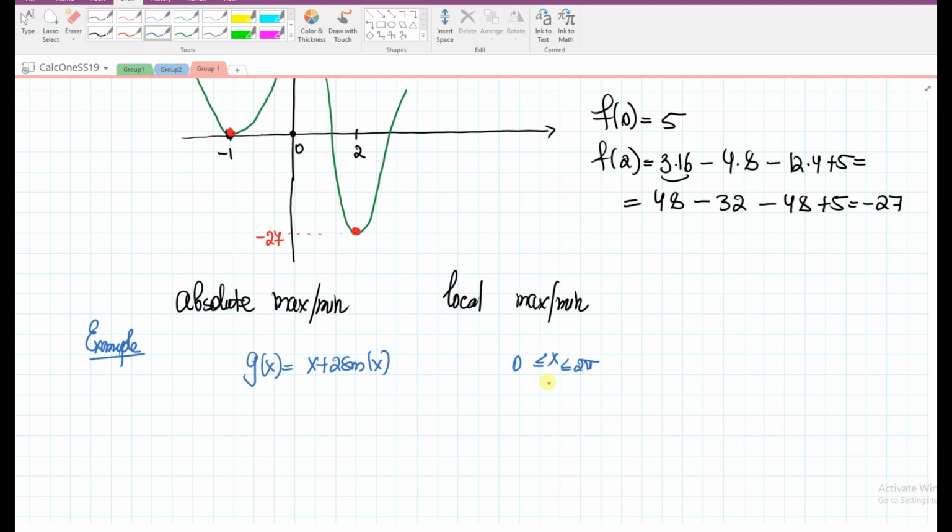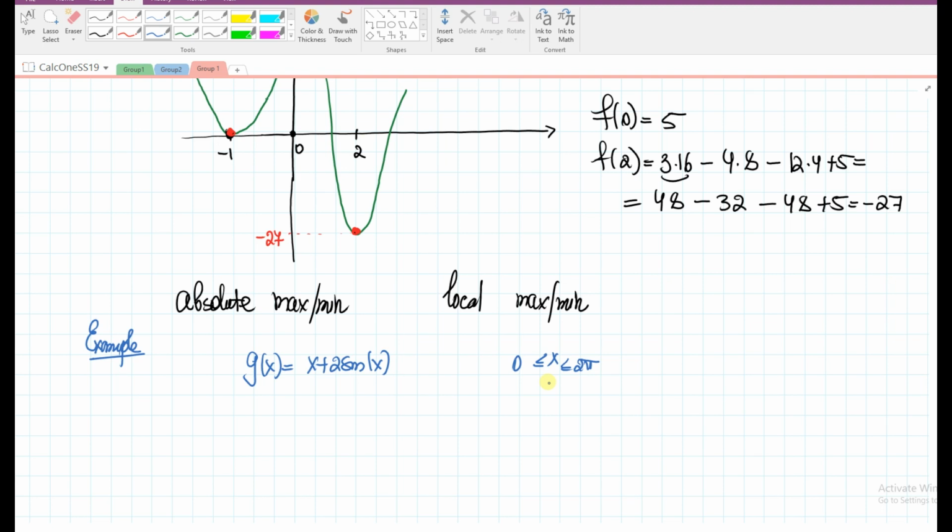Obviously, this function has no global maximum and global minimum, because if you increase x until infinity, then g of x also goes to infinity.